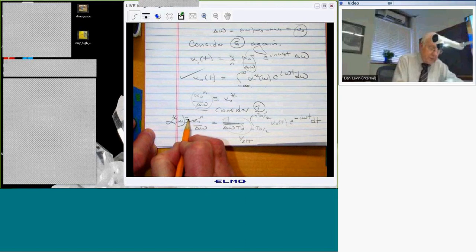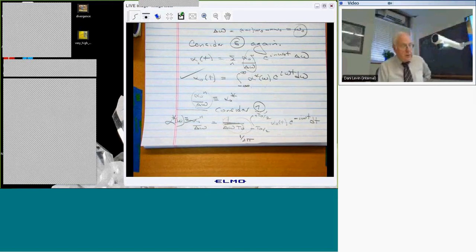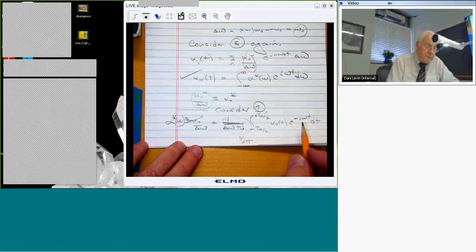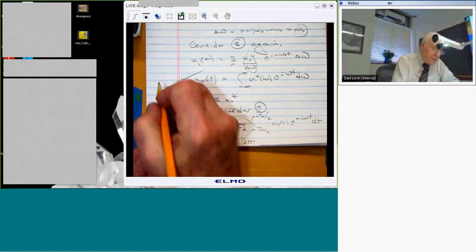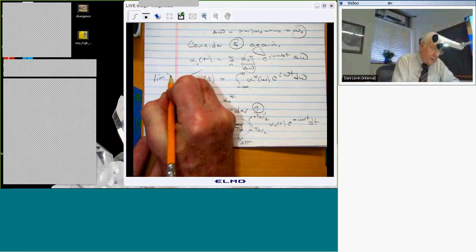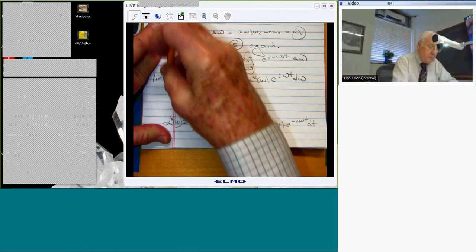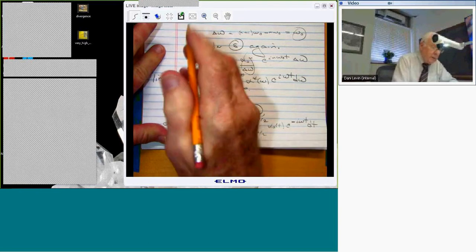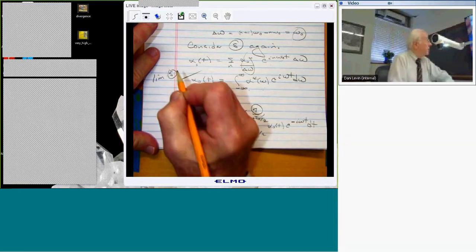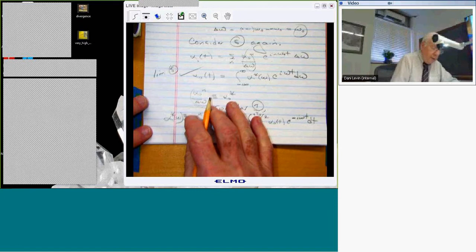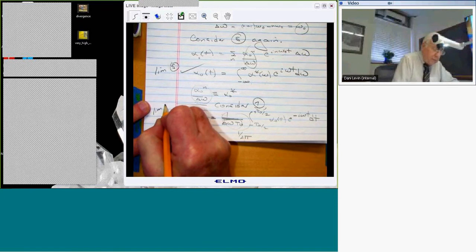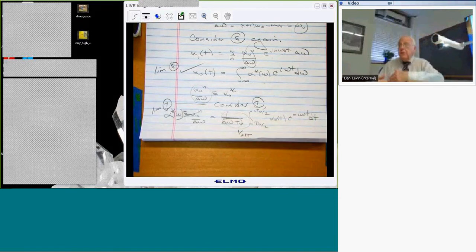Again, this is the limit of 5, and this is the limit of 7. And together, these are a pair of equations.